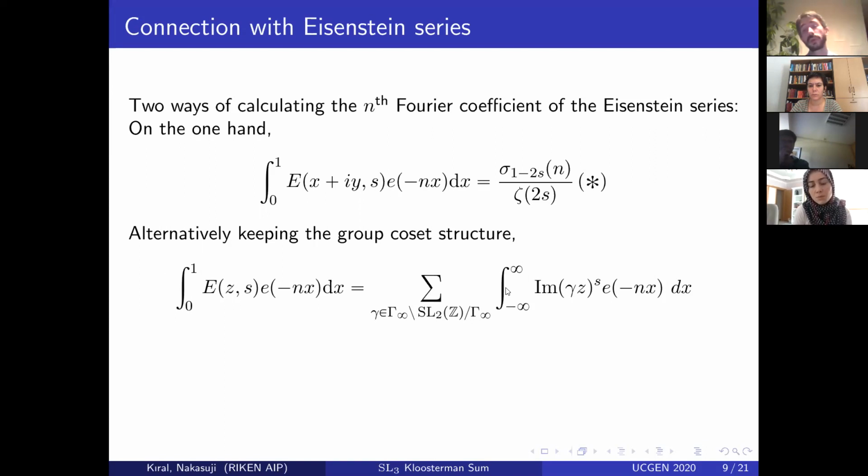Okay, so now we have a summation over SL2Z double cosetted by unipotent matrices, the gamma infinities.